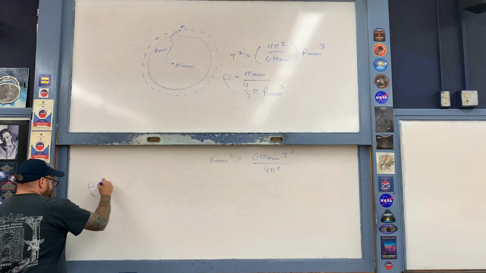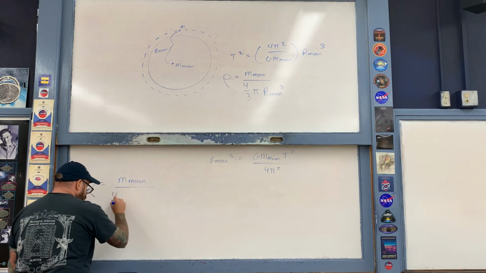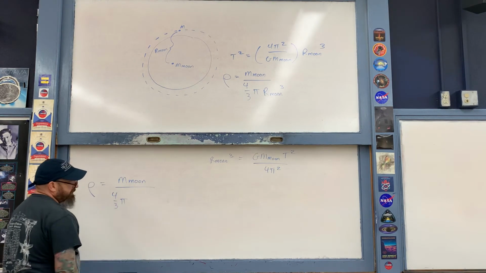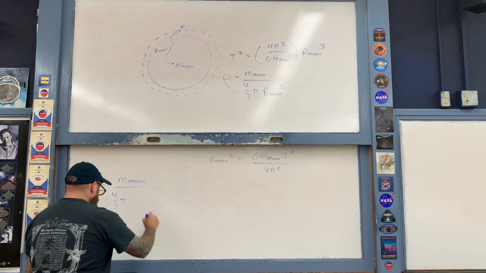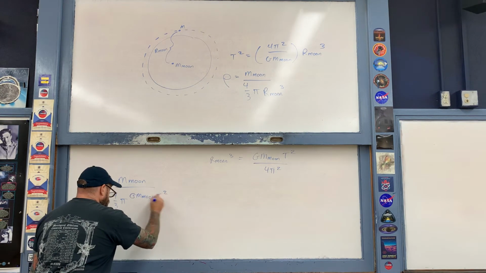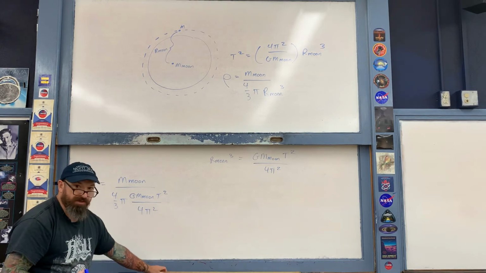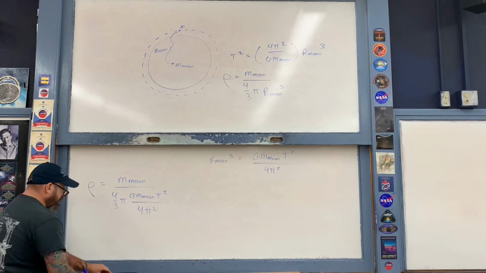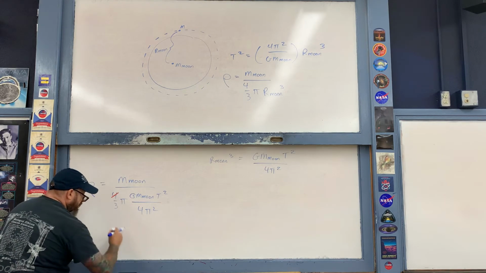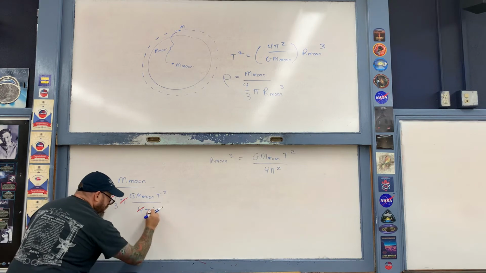Okay, so now the density is going to be the mass of the moon divided by 4/3 pi times r moon cubed, so times this: G times the mass of the moon times T squared divided by 4 pi squared. And notice that some stuff begins to cancel out. This 4 here cancels out with this 4. There's a pi that cancels here and here.